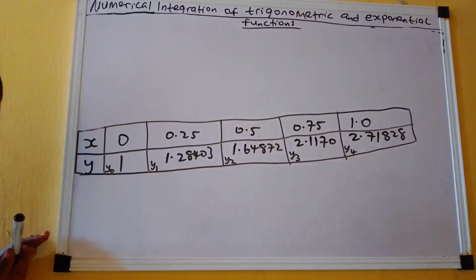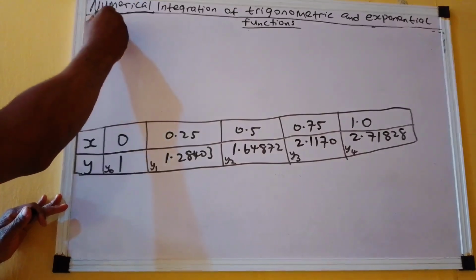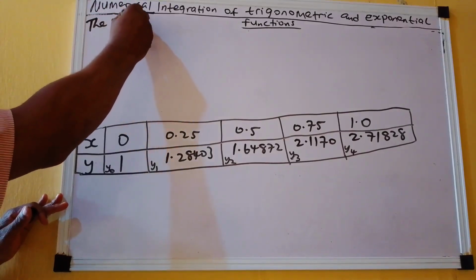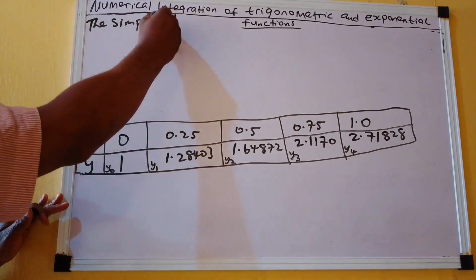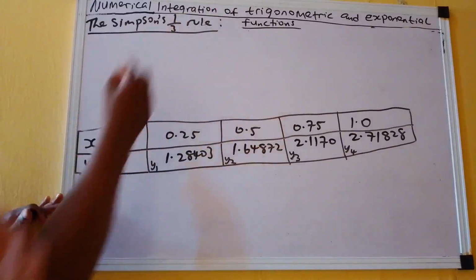For the trigonometric problem we solved, we found out that the 4 methods had the same level of error. That means the errors were 0. That means they were error free. So now the Simpson's 1/3 rule for this exponential function.